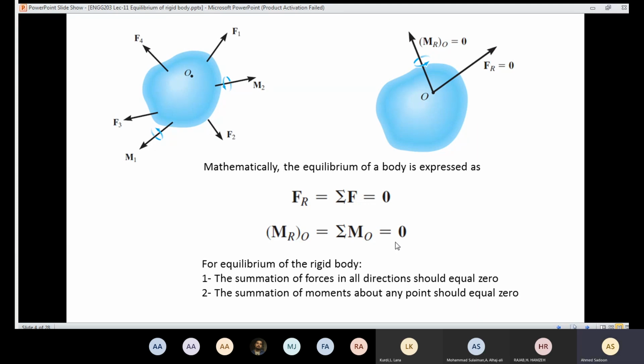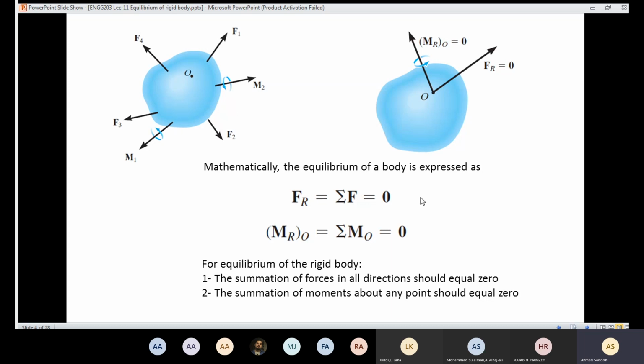So the difference between the particle and the rigid body: in a particle, I'm going to ignore the size of the particle. I'm going to deal with the mass only. And that equation alone is going to bring the equilibrium for the particle. But when it comes to a rigid body, we're going to take the size into our consideration.